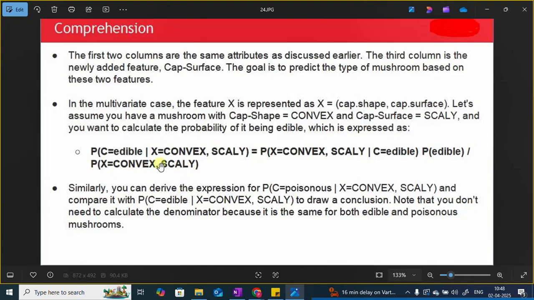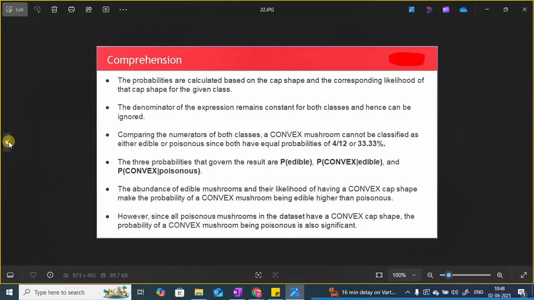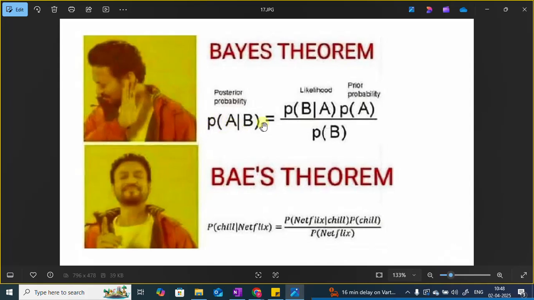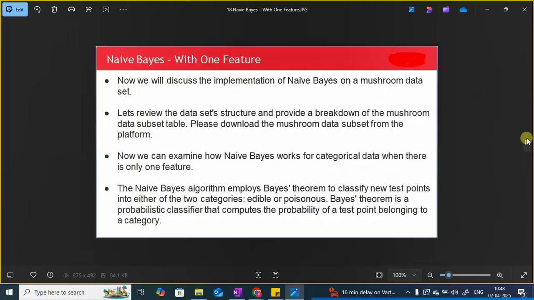This formula is the same as the original Bayes formula: probability of A given B is nothing but probability of B given A, just the opposite, times probability of A, divided by probability of B. That is what I am doing here.